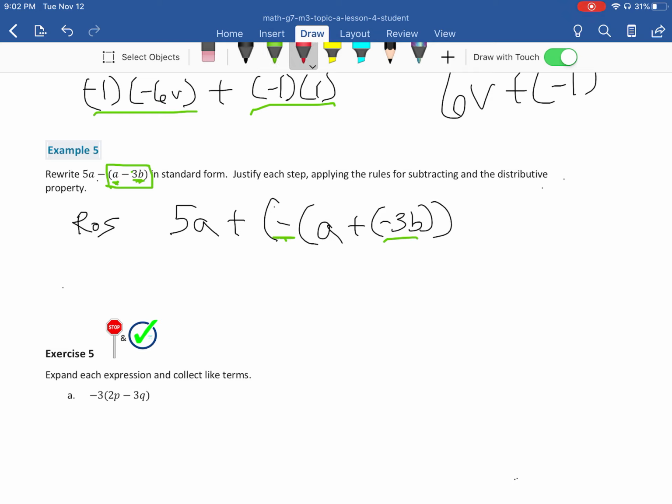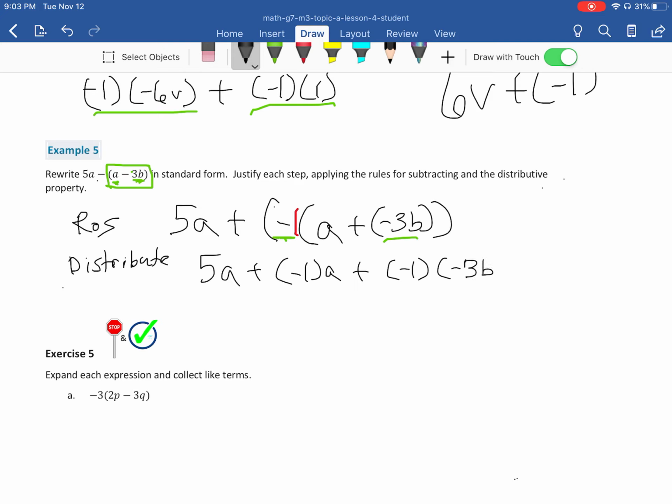So we're going to assume that there is a 1 right there, and we're going to distribute out that number. 5a plus negative 1 times a plus negative 1 times negative 3b.